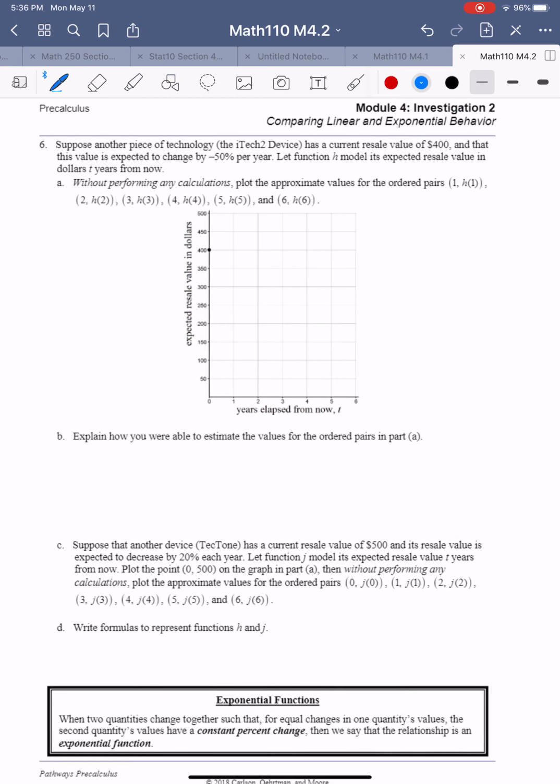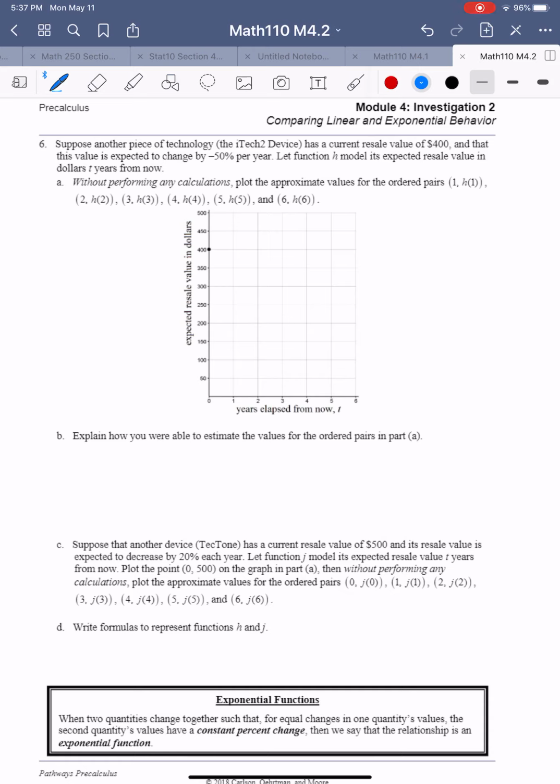Suppose another piece of technology, an iTech device, has a current resale value of $400, and this value is expected to change by negative 50% per year. The function h models its expected resale value in dollars t years from now. Without performing any calculation, plot the approximate value of the ordered pair (1, h(1)).